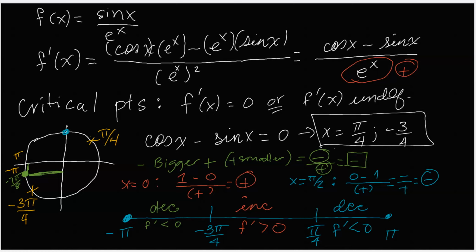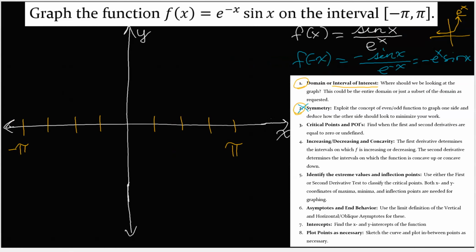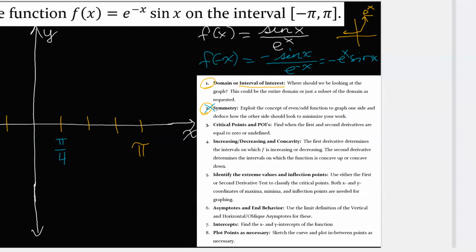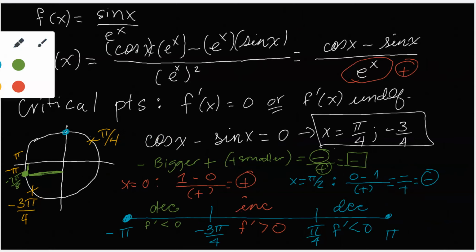We will go ahead and look back at our function here and label those. So right here at negative 3 over 4 pi, and then at pi over 4, those are your possible relative max and min. And actually we could find out which one is which.